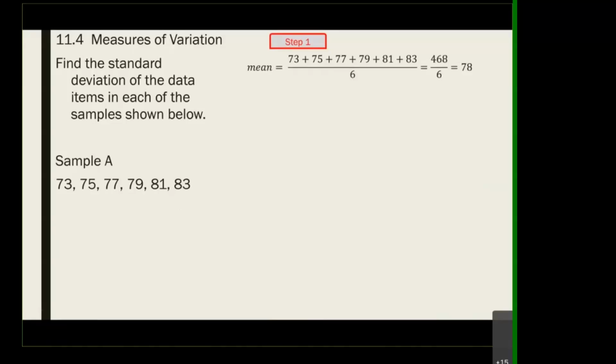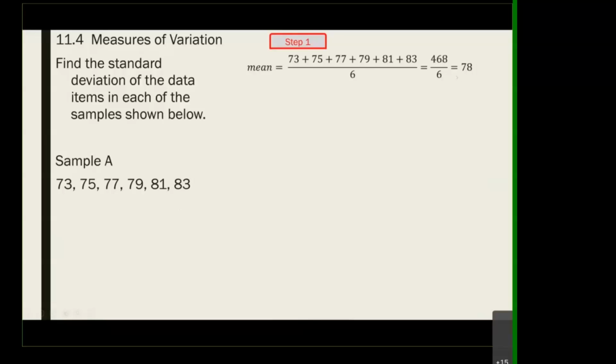If we don't know the mean, we won't know how far away from the mean we are. So to find the mean, take each of your individual data, add them up and divide by 6 because I have 6 total data here. If I add them up and divide by 6, my mean is 78.